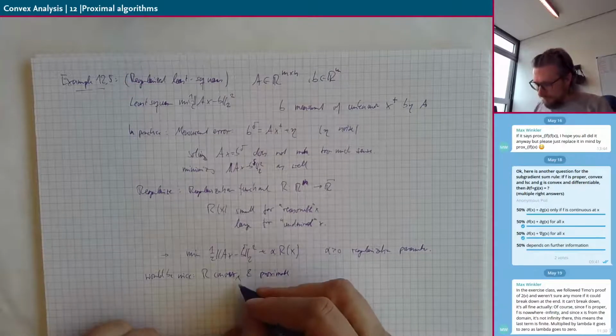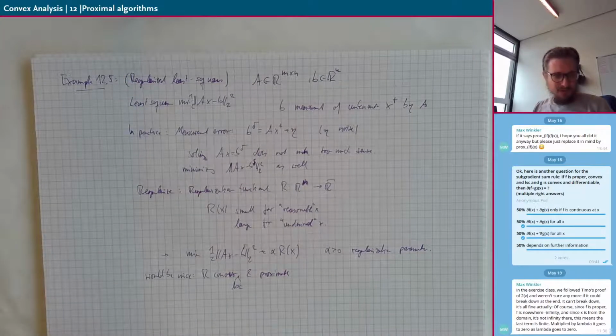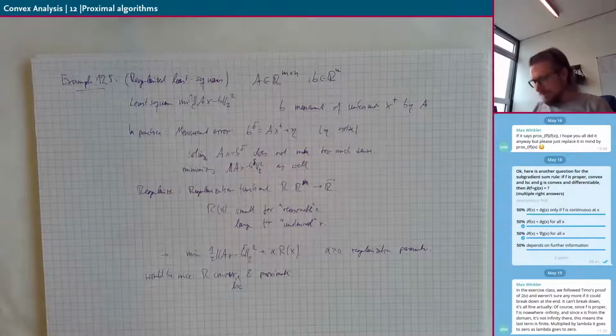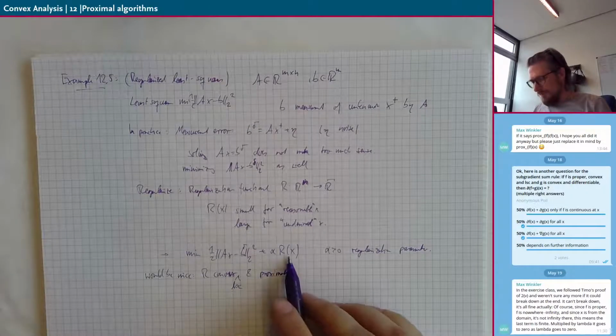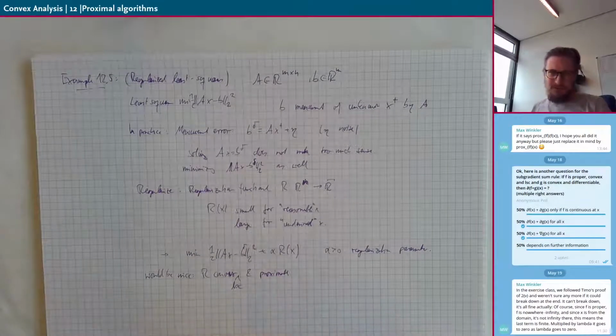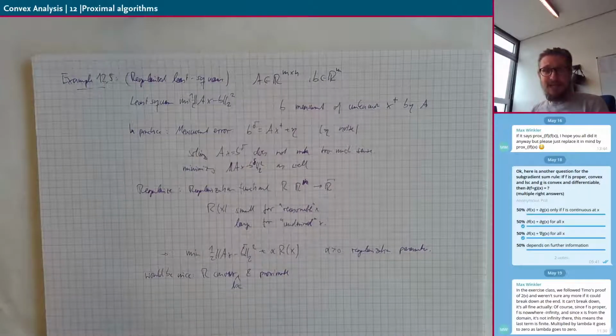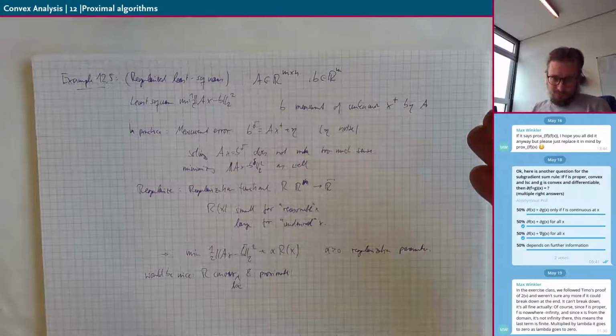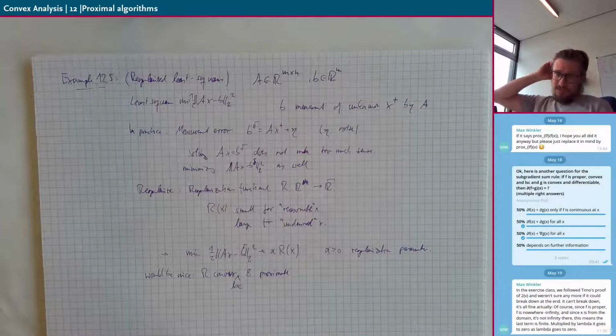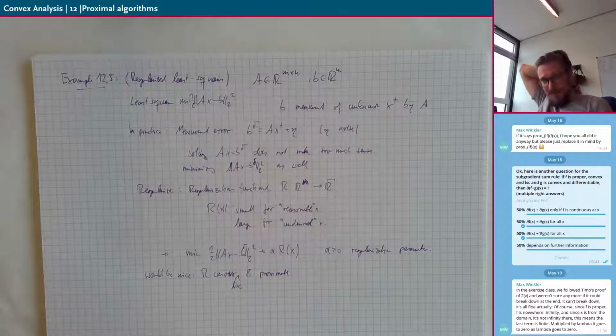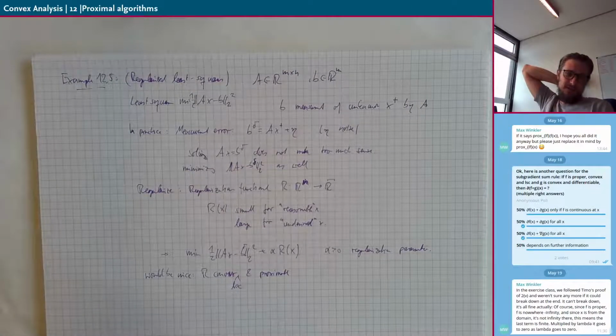Also, we would like to have it lower semi-continuous, otherwise it would probably be strange. It could be the case that you have a sequence of converging x, lots of reasonable x, but the limit x would be unreasonable because the function value could jump up. What lower semi-continuous allows is a sequence of x becoming more and more reasonable, and in the limit it's even more reasonable than what you expect.